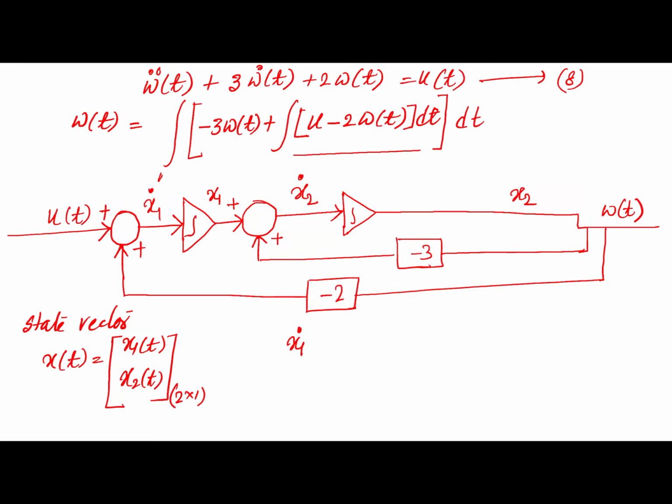x1 dot (t) is equal to minus 2x2 plus u.